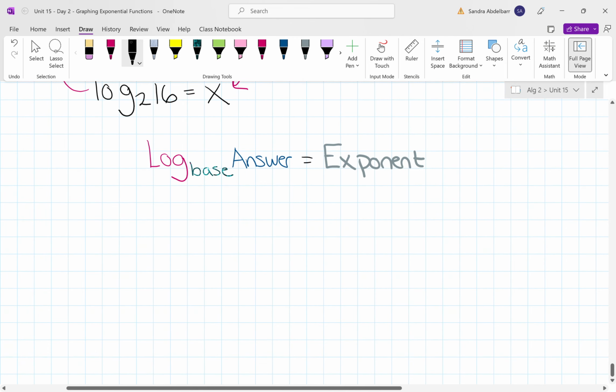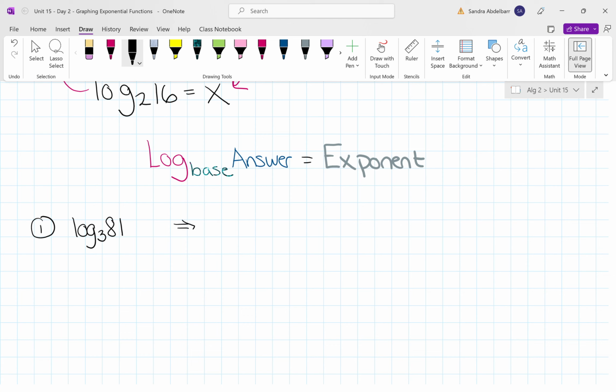Okay, so let's look at some simple examples. If I have log base 3 of 81, this is the same as 3 to what power gives us 81?